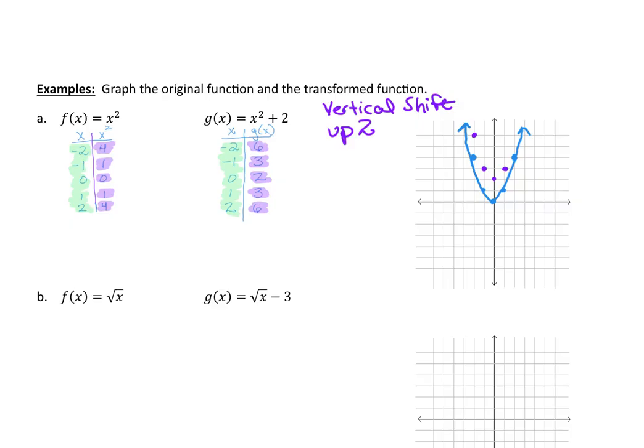Notice that when we compare these points, we get -2, 6, -1, 3, 0 goes to 2, 1 goes to 3, and 2, 4 goes to 2, 6. And so that's how we're doing this.